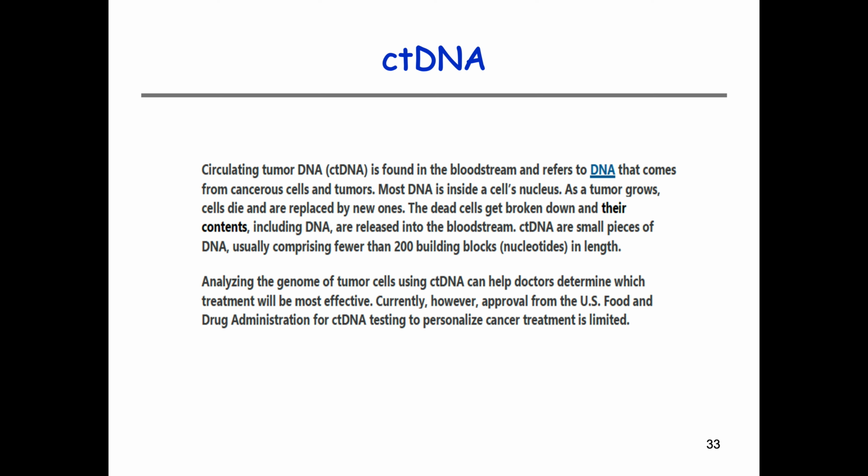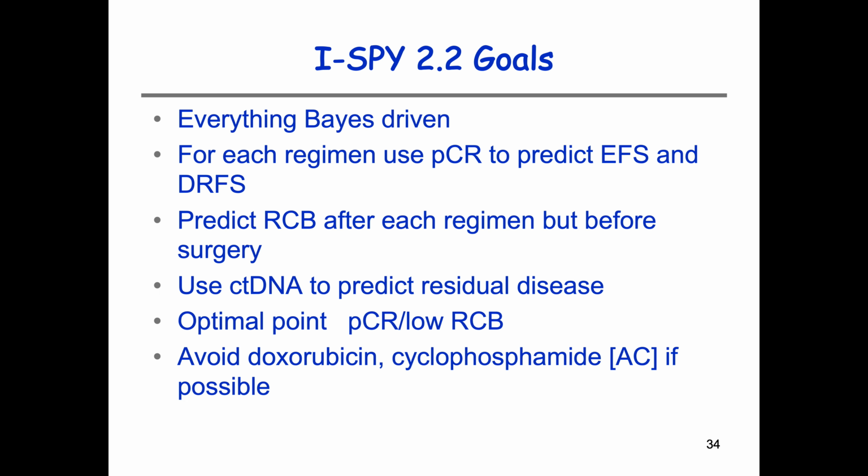So there are small pieces of DNA. If we analyze the genome of these tumor cells, using ctDNA can help doctors determine which treatment will be most effective. So this gets thrown into the models as well.